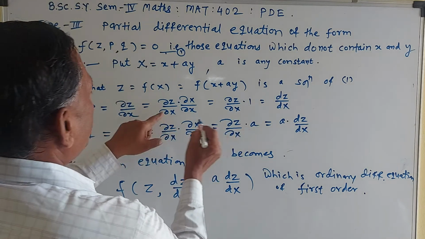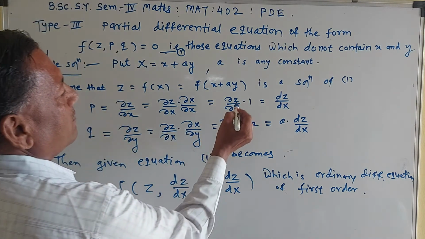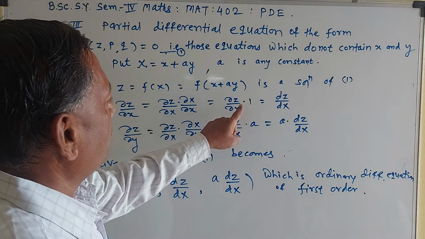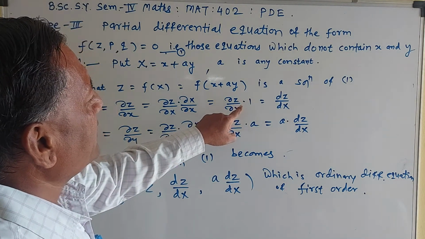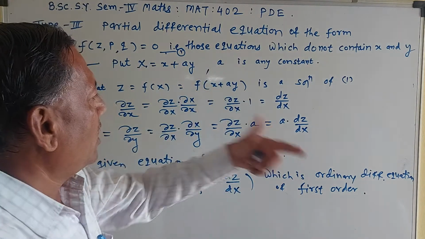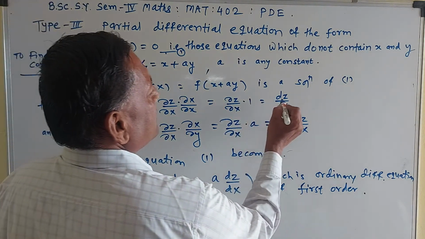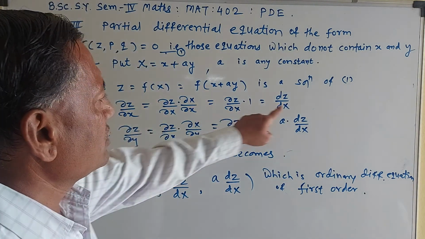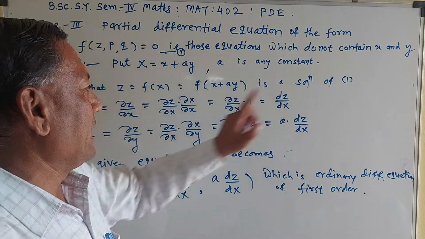Therefore, ∂z/∂x becomes ∂z/∂X into 1. Now, here you observe that z is a function of the single variable X, so the partial derivative becomes an ordinary derivative. This can be written as dz/dX. Therefore, p = dz/dX.